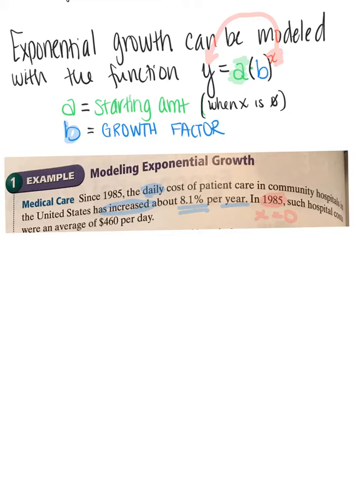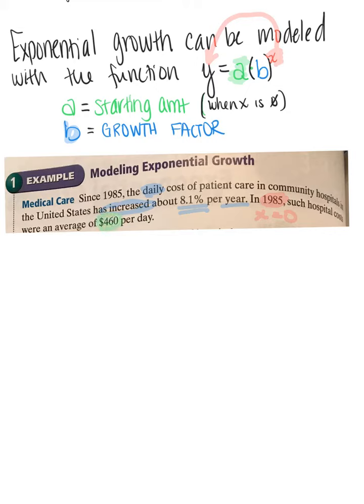If x is 0, this is my original time, then looking back up here at my equation, I need a starting amount and a growth factor. So let's see if we can find our starting amount. Hopefully you notice that if 1985 is my beginning time, then the cost that it gives me there is my beginning cost.